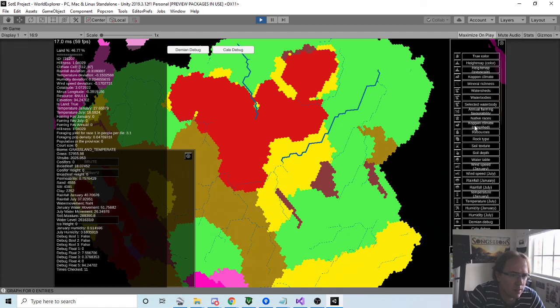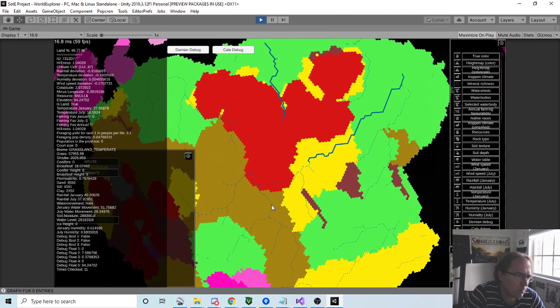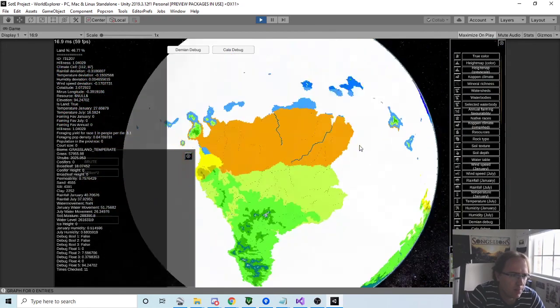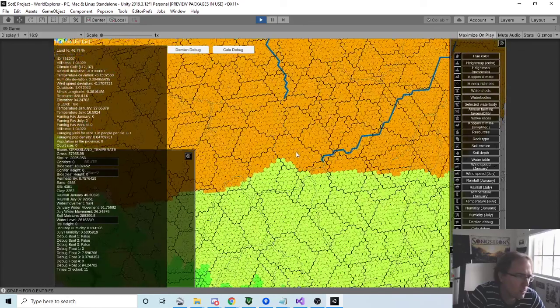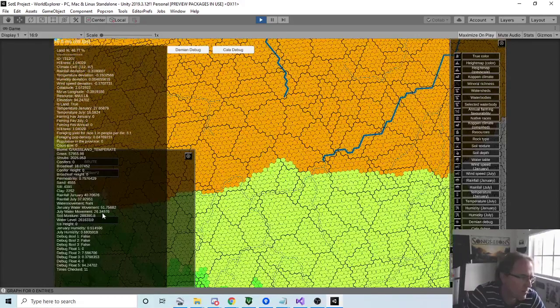Let's check soil. No, we know what the soil texture is. So rainfall is, that's interesting. What's the climate here? Sahel. January water movement. Oh, that's interesting.